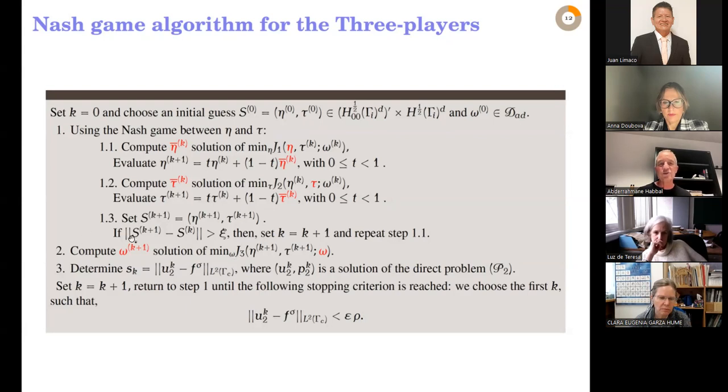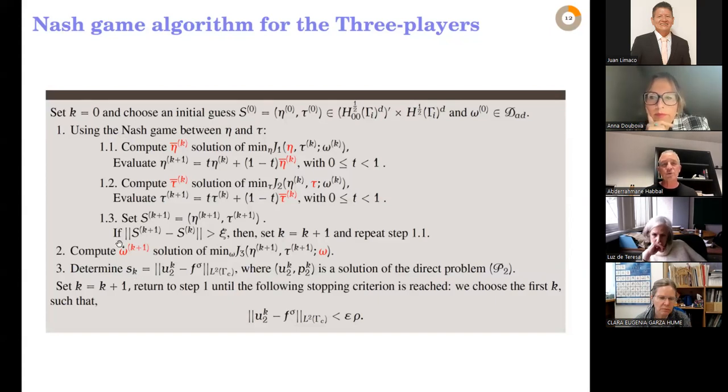But we do not really do that for a simple reason, which is that the state equations, which are fulfilled by U1 and U2, depend on omega. So we have to be very careful in minimizing, like if we do optimal control with spaces which depend on the control, we have to be careful with that.